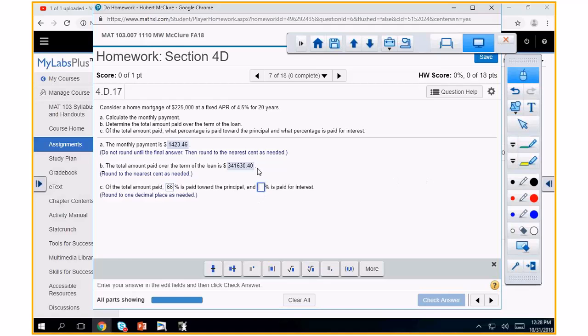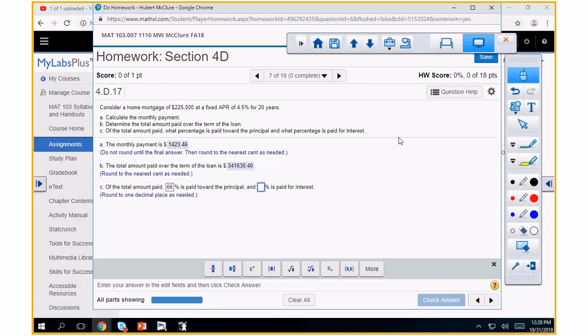Okay, now take 225 from 341,630 and put that over 341,630. So what's 341,000 minus 225? What do you get? It's going to be 0.34, 34%.